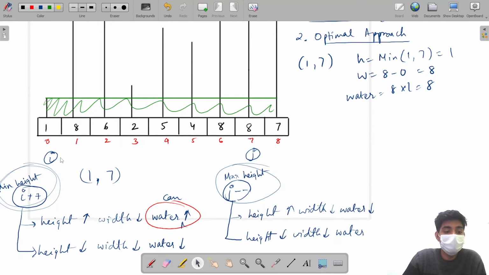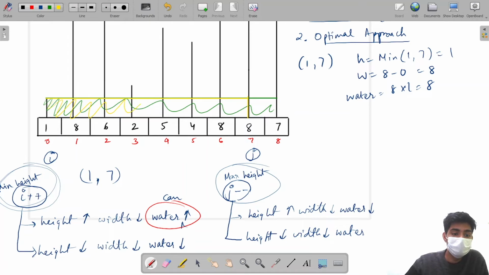I said that if my j decreases, and j is maximum, then if the height increases, it does not really matter because my water will still decrease. So let's say I'm here, and I reduce my j and my height is increased. My height is now 8, but the minimum height is still 1.